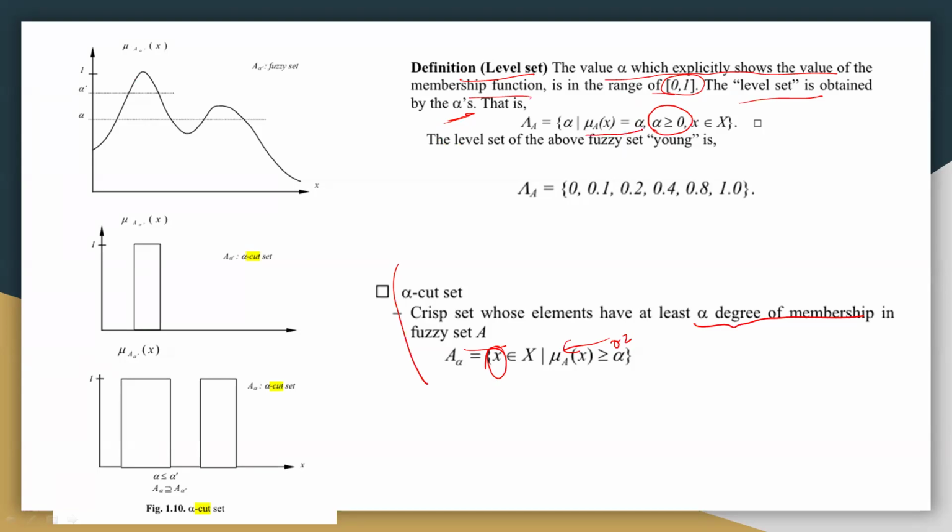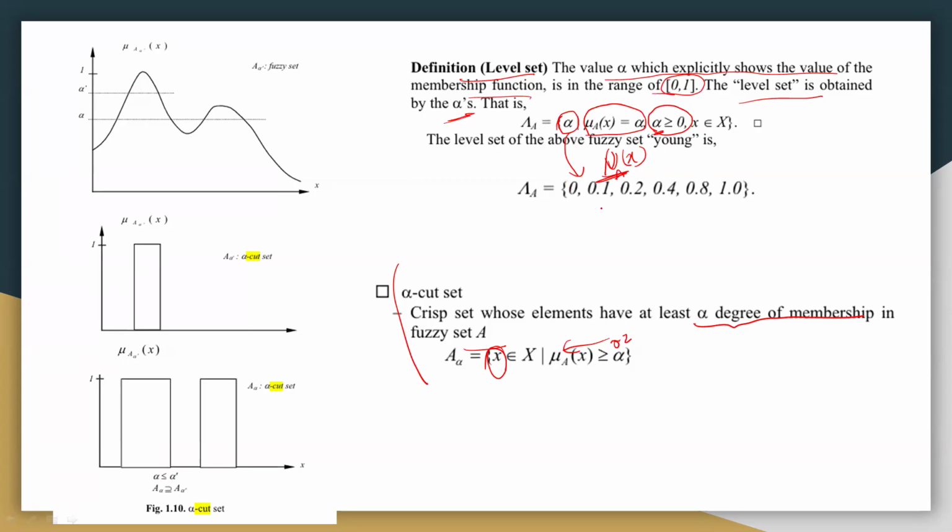If the membership value of an element is alpha, then you just write that alpha. So for all alpha values greater than or equal to 0, you just need to list out the fuzzy membership values, the mu values, of each element x in the set A. So what are the maximum possible alpha values?